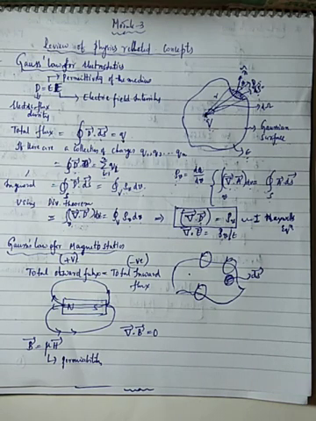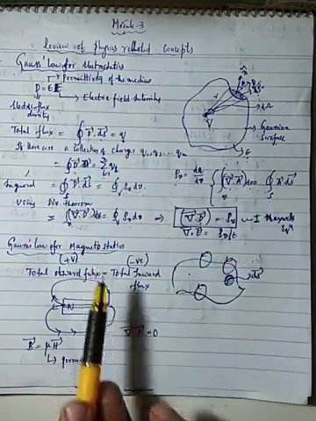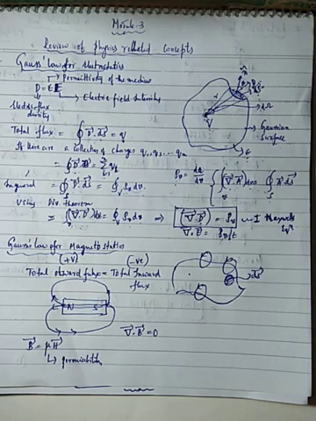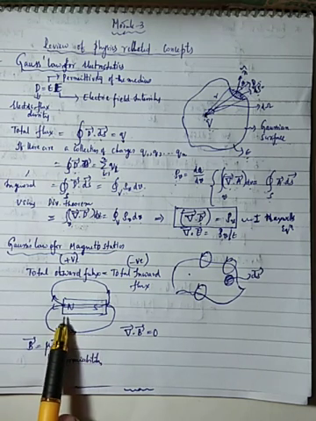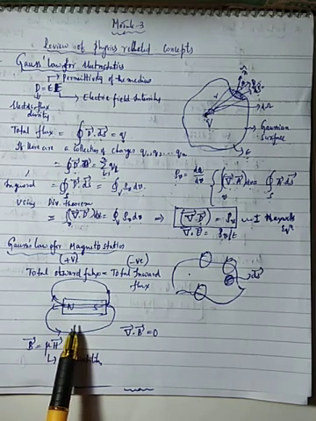Now let's move to the second. After electrostatics, we will move to magnetostatics. What is the same thing if you apply it for the magnetic field? Remember, if you take a bar magnet, for example, I am just simplifying. What are the sources of the magnetic field?